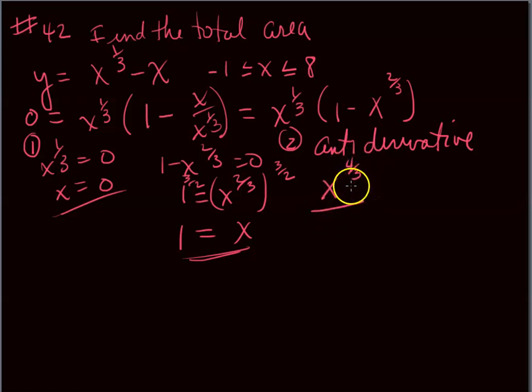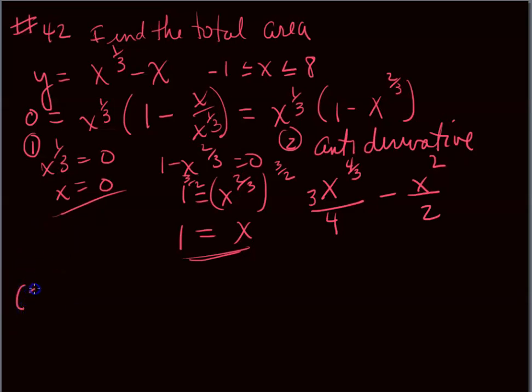If you divide by 4/3, you're multiplying by 3/4. So this is just x to the first, add 1, x squared over the new, which is 2. So that is the integrand that we're going to use for each of these intervals.